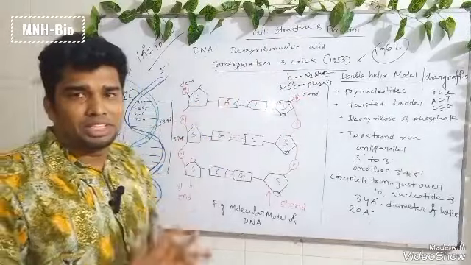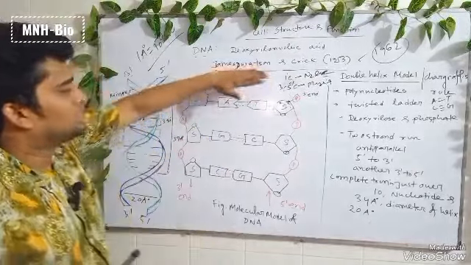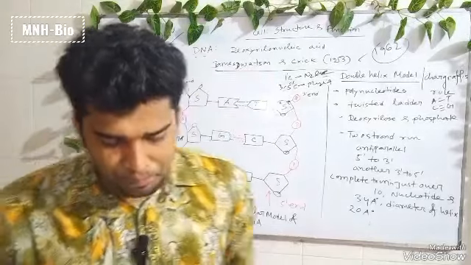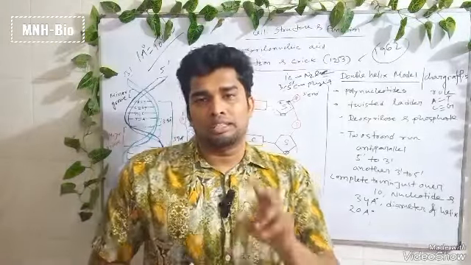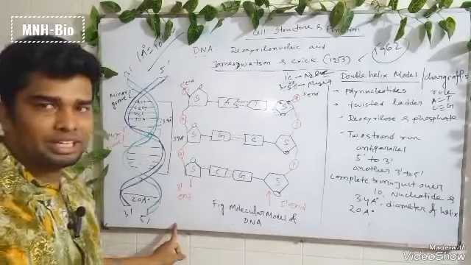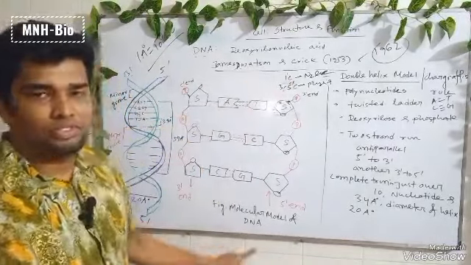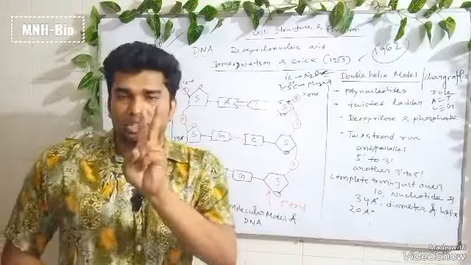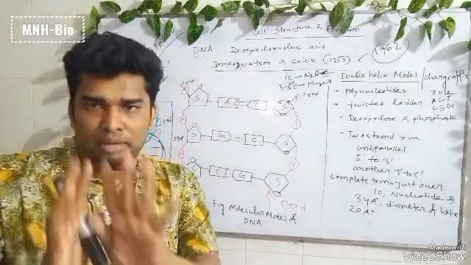The double helix model of DNA is very easy. Firstly, we know DNA is a double helix molecule with two polynucleotide strands. One is the 5 to 3 strand, and its antiparallel strand is the 3 to 5 strand. There are two nitrogen bases, purine and pyrimidine.